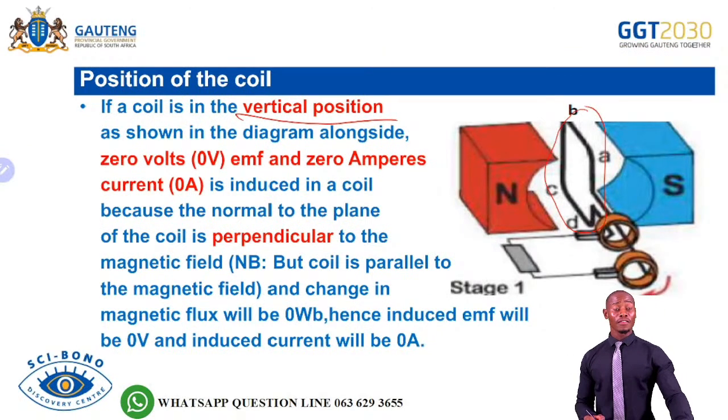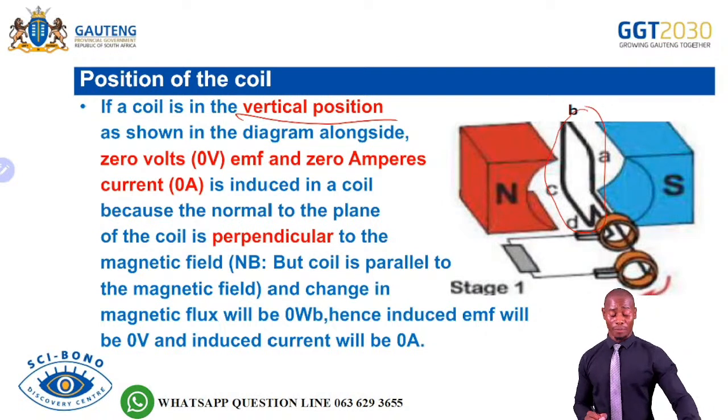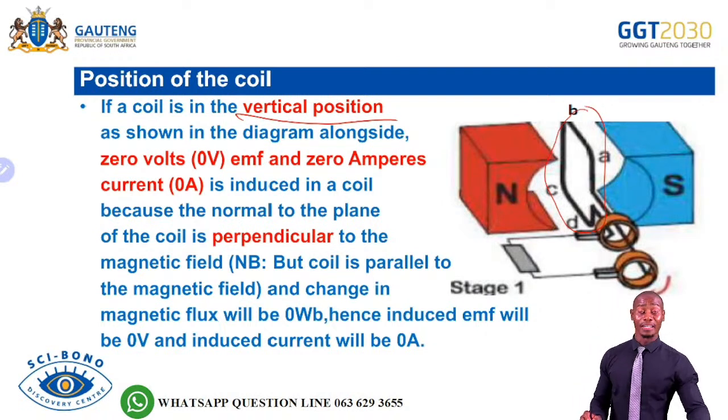If a coil is in the vertical position, as shown in the diagram alongside, 0 volts or 0 amperes current is induced in the coil. That is why I said to you, if we had to choose between vertical and horizontal, we are going to choose vertical.